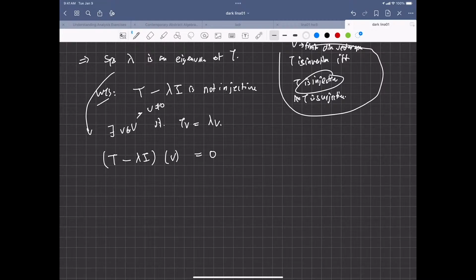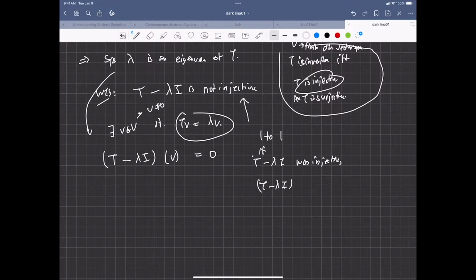If T minus lambda I was injective, what does injective mean? One to one. It means the only thing that maps to 0 would be 0, so the null space of this would have to be trivial. However, what does the fact that lambda is an eigenvalue of T tell us? It tells us that there exists a non-zero vector v such that these are true.